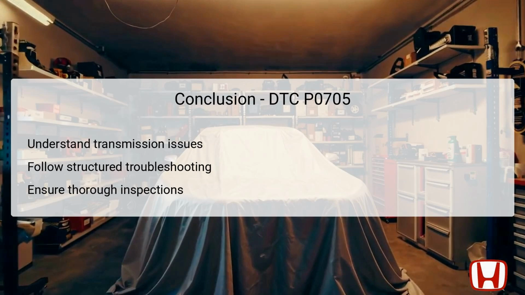Emphasizing thorough inspections throughout the process ensures that no underlying issues are overlooked. By maintaining an organized repair routine and understanding the significance of each step, technicians can not only address the immediate error, but also lay the foundation for reliable vehicle performance moving forward.